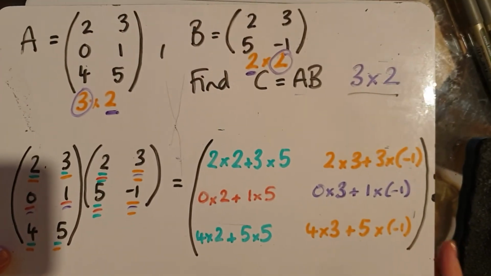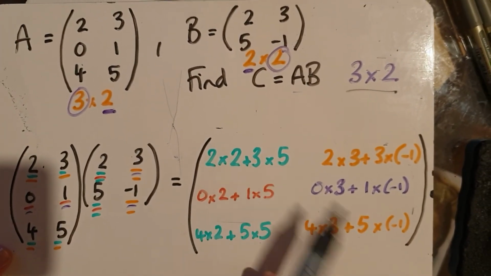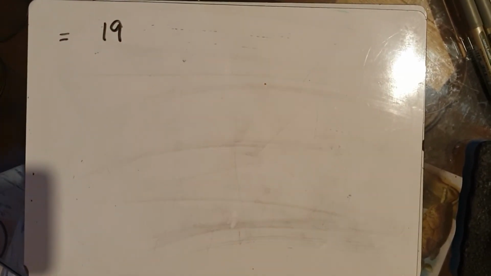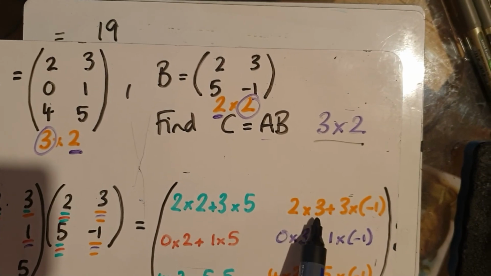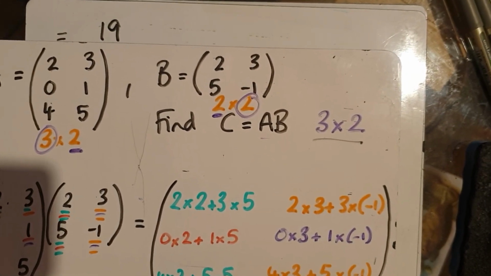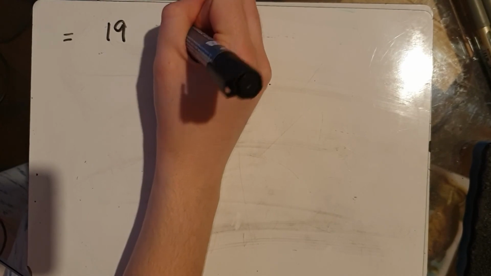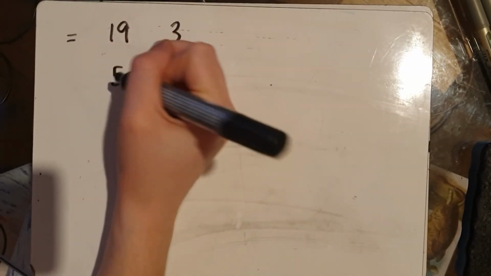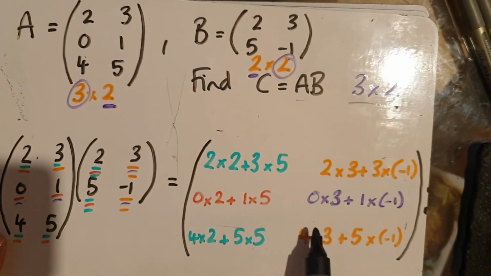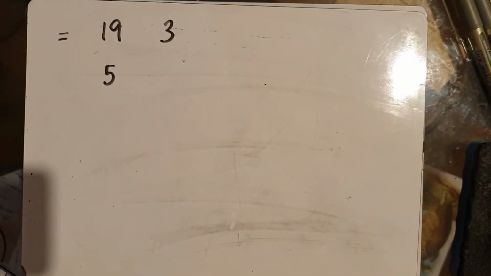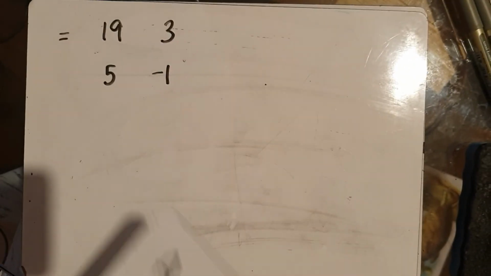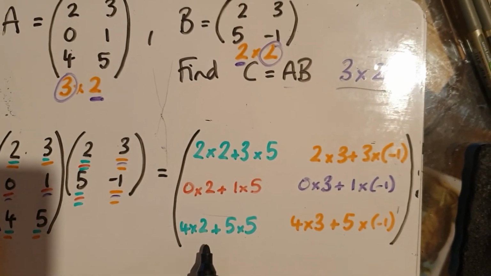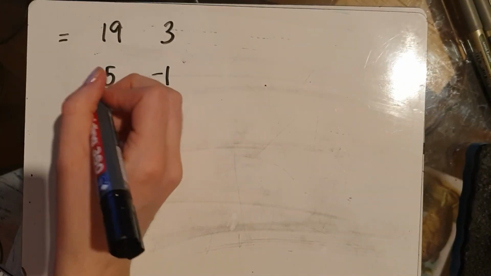I have got 2 times 2 plus 3 times 5. So that is going to be 19. 2 times 3 plus 3 times negative 1. That's going to be 3. 0 times 2 plus 1 times 5. 0 times 3 plus 1 times negative 1. 4 times 2 plus 5 times 5.